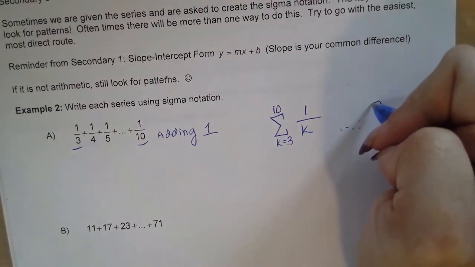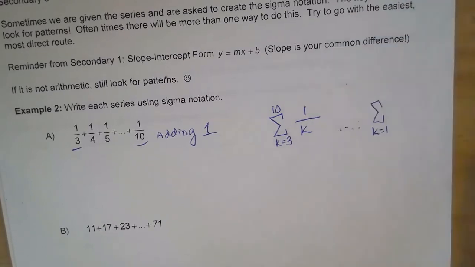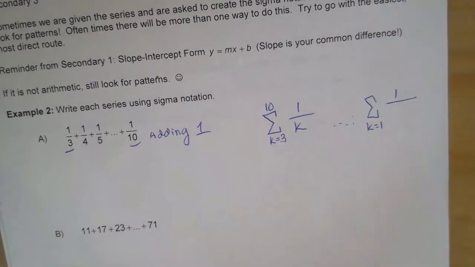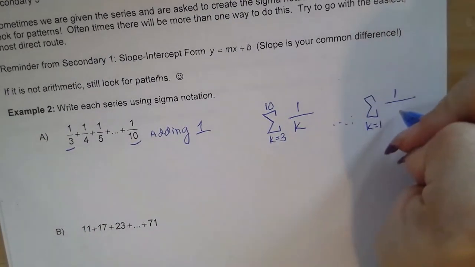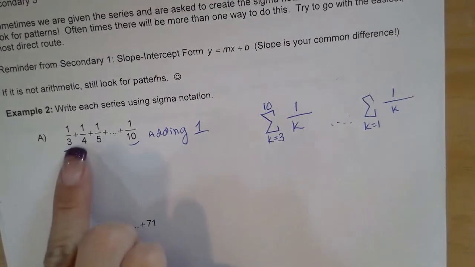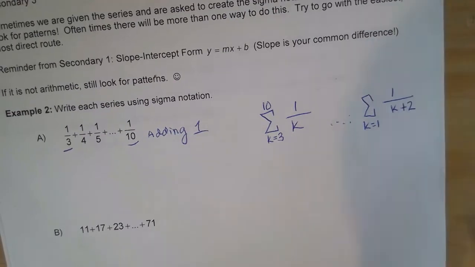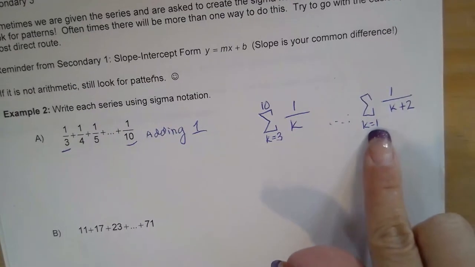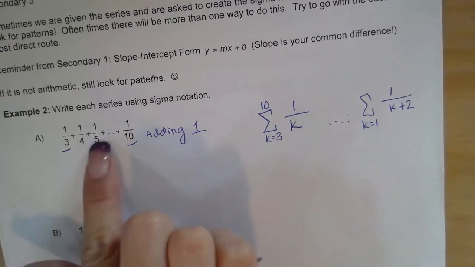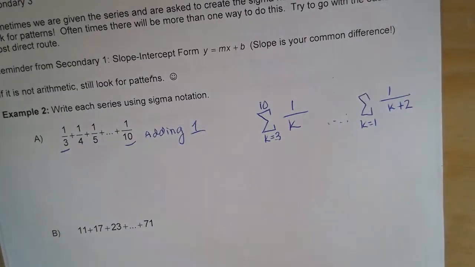If we wanted to start at k equals 1, what would our equation look like? Well, it would be 1 over, because 1 stays the same. So let's put k in there. K is 1, but we want the value to be 3. So we would say k plus 2. Think of our next term. If we plugged in 2, 2 plus 2 is 4. The third term, 3 plus 2 is 5, so on and so on.